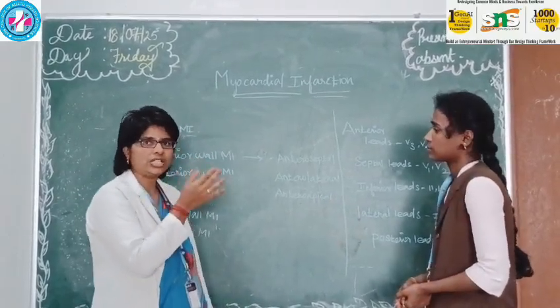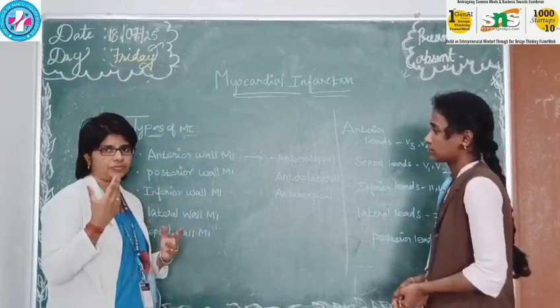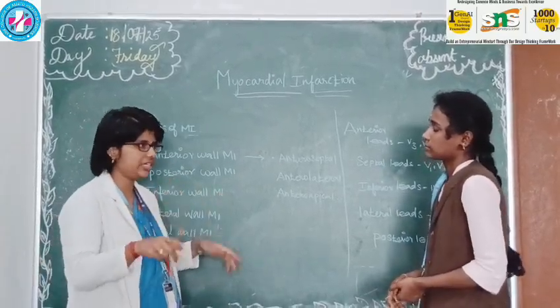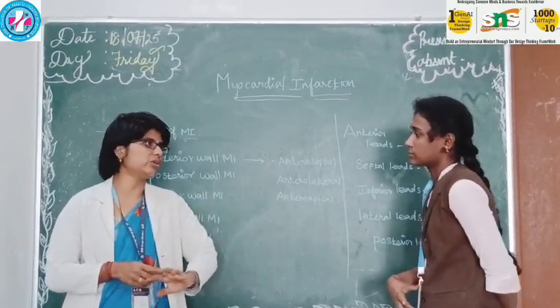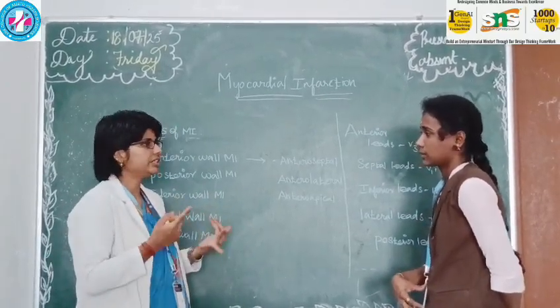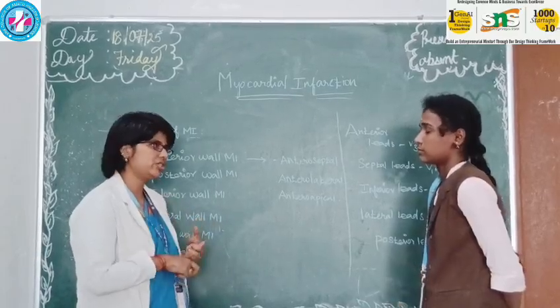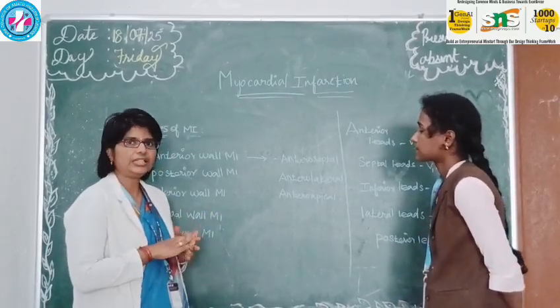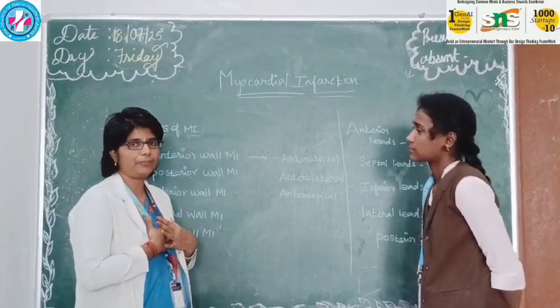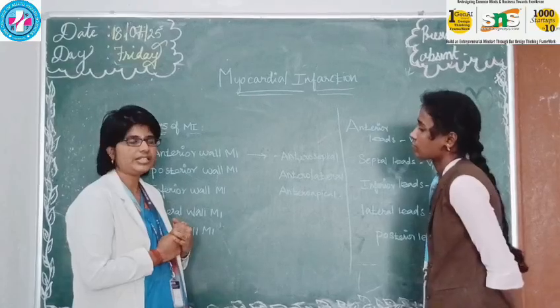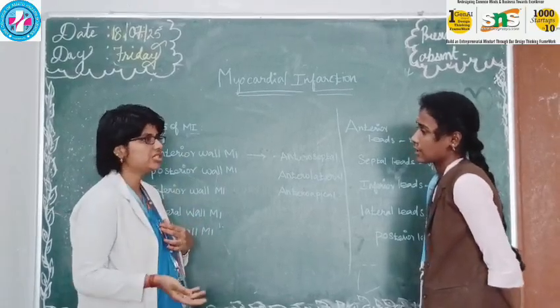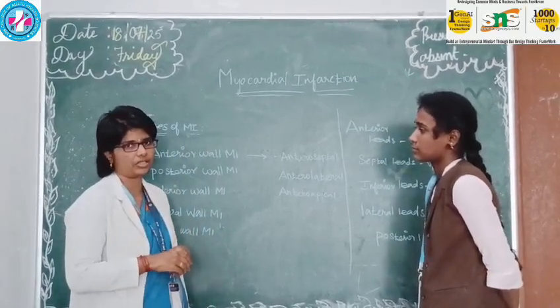So once an MI is identified on the ECG, the next step is that the patient is immediately subjected to emergency catheterization or an emergency procedure. Okay.